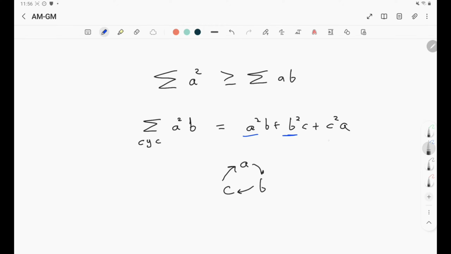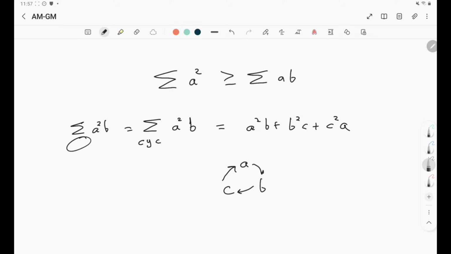With c. So we get c squared. So a squared b, b squared c, c squared a. Same thing for b: b is replaced with c and then with a. So this is basically the cyclic sum. By the way, if you're using a cyclic sum, you don't have to write cyclic sum. So if I don't write anything, then you should automatically assume I'm working with cyclic.